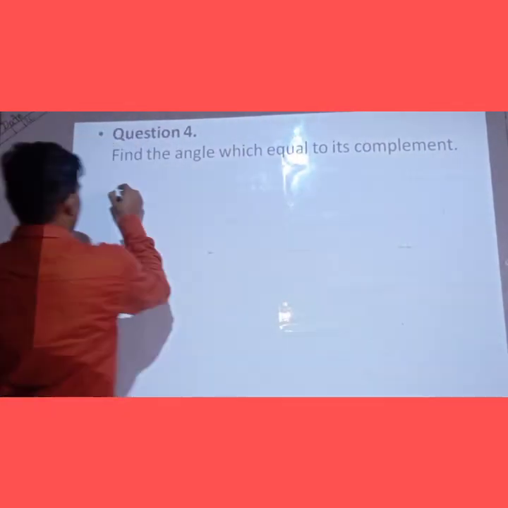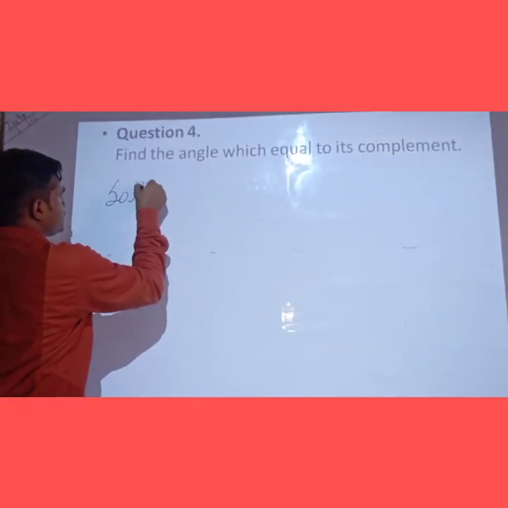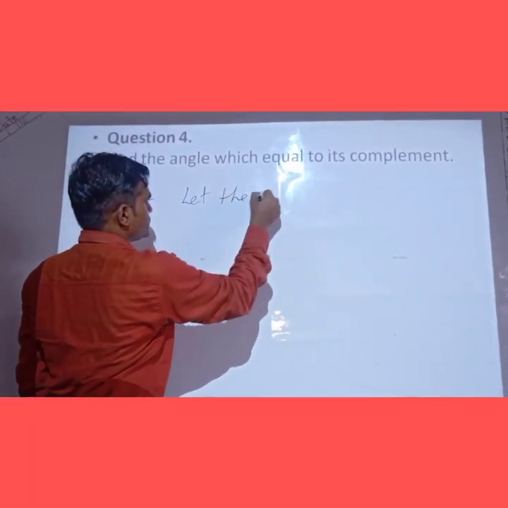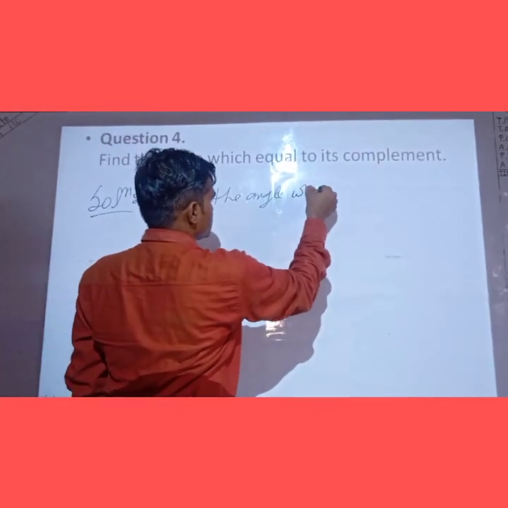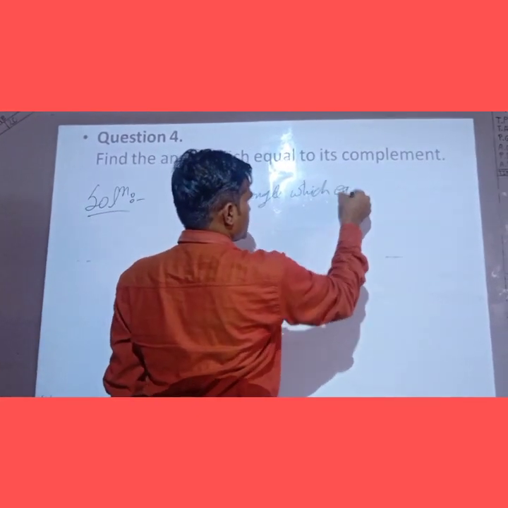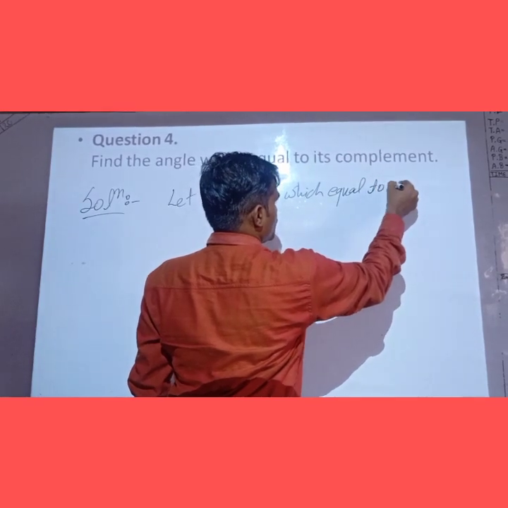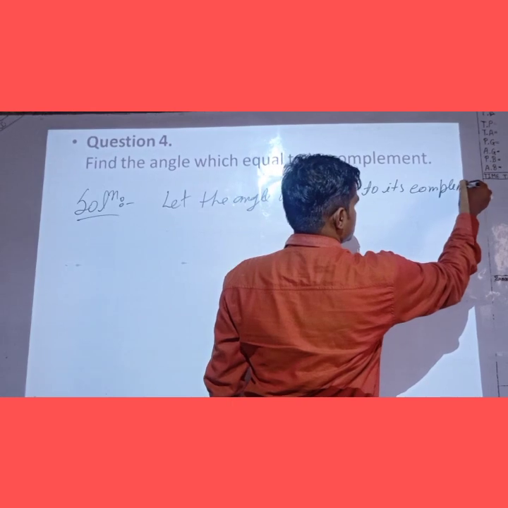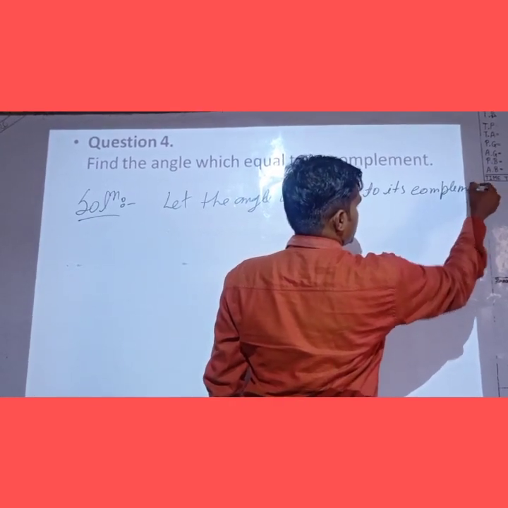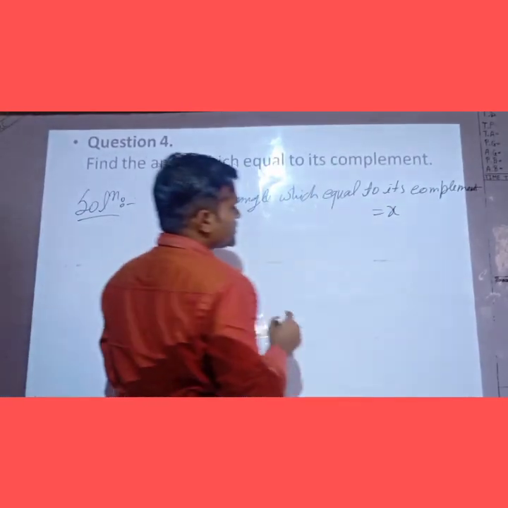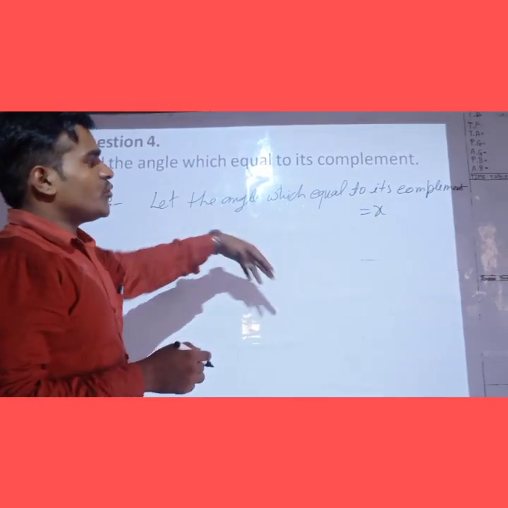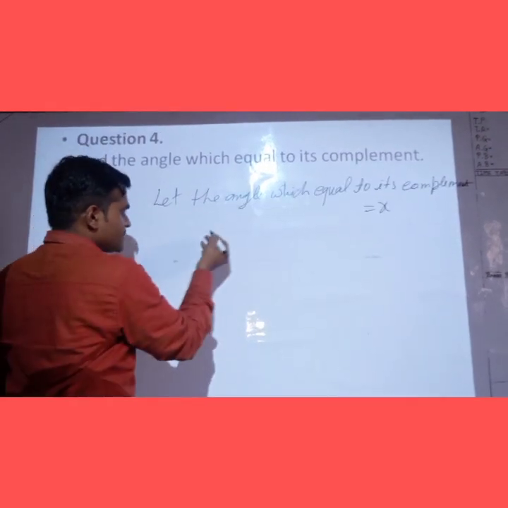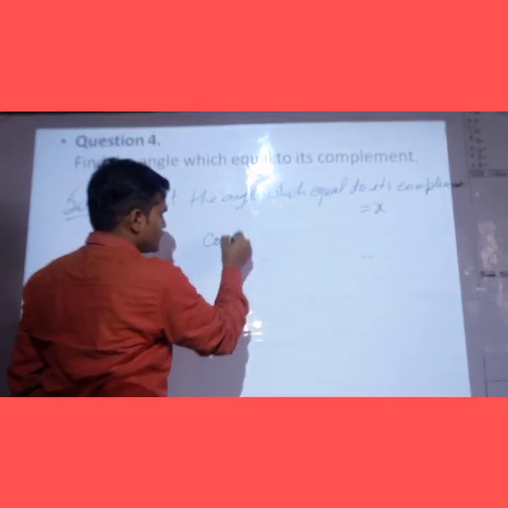So in the solution, let the angle which is equal to its complement be x. If the angle which is equal to its complement is x, then what would its complement be? The complement will also be x. Okay, children, so what is its complement?